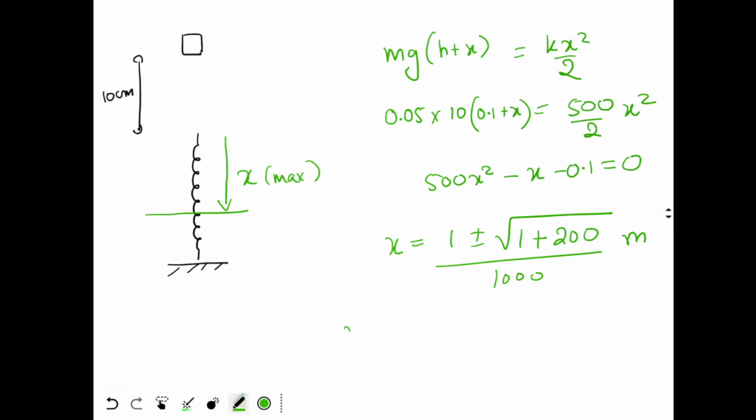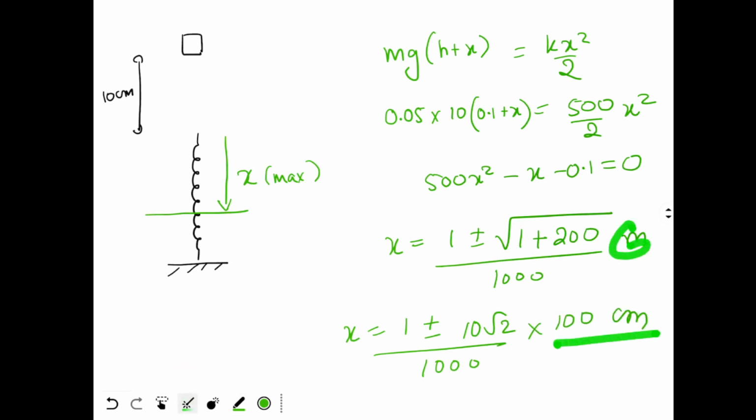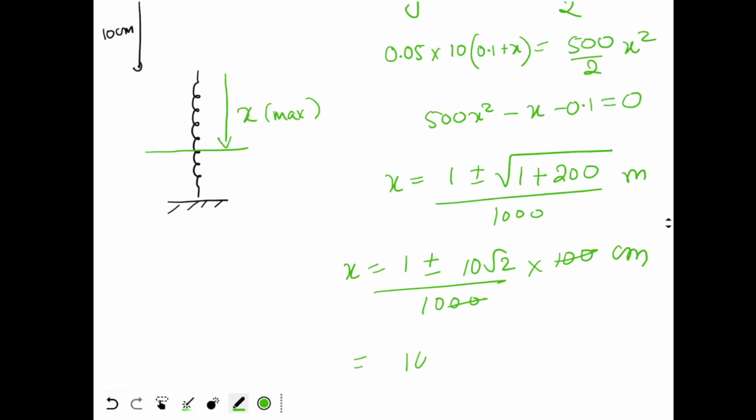So you'll get x to be equal to 1 plus minus, now 200 plus 1 is approximately 200, and root of 200 will be 10 root 2, by 1000 into 100 centimeter. I am converting meter into centimeter, so these zeros will be gone. So I get this to be equal to 10 root 2 plus 0.1 centimeter.